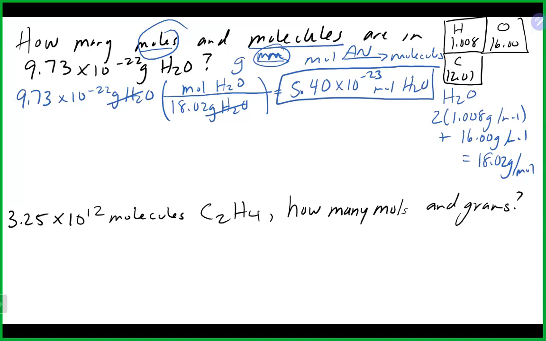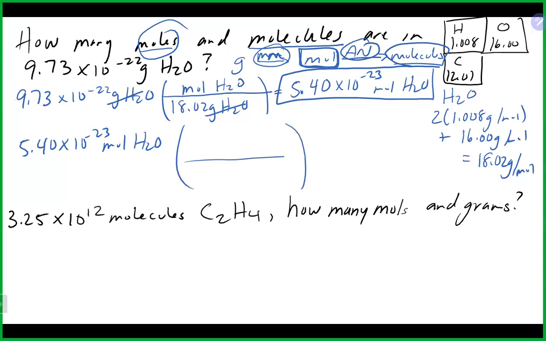Now we're actually right here in terms of our progress. We do need to get to molecules. So again, it is Avogadro's number that's going to allow us to do that. So we're going to take our 5.40 times 10 to the minus 23 moles of water. Once again, remember, we're going to use Avogadro's number, which is 6.022 times 10 to the 23 molecules per 1 mole. So here we want moles to cancel.